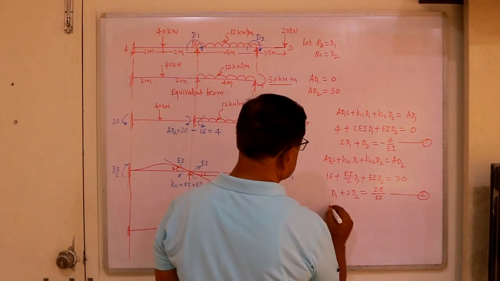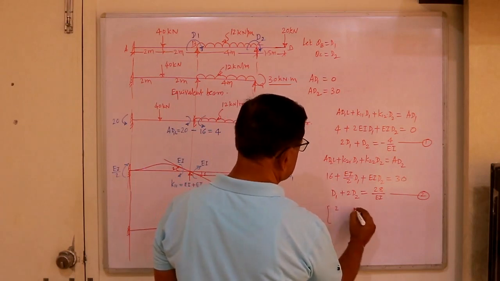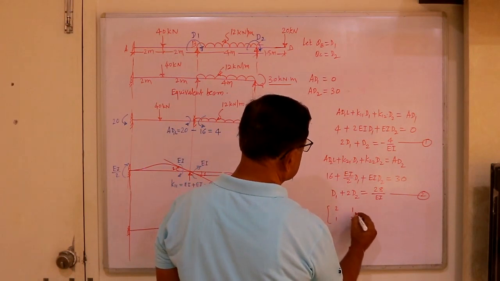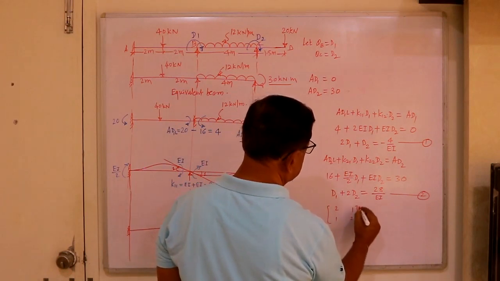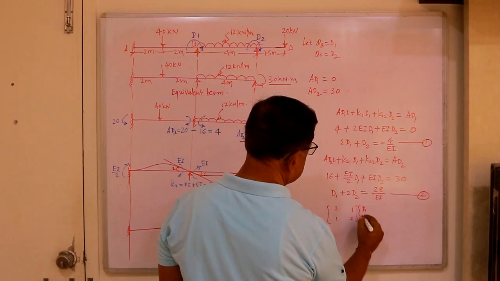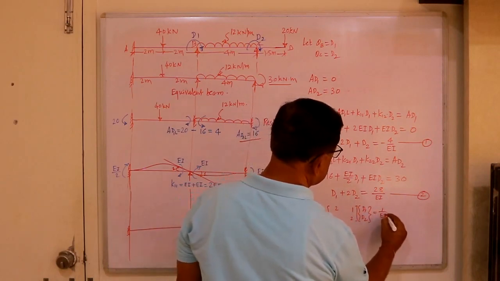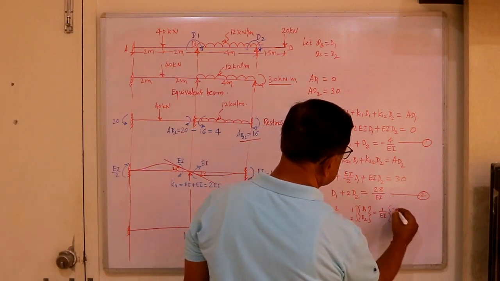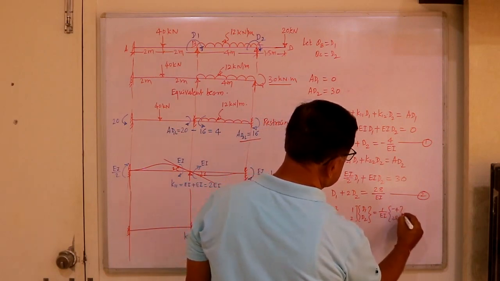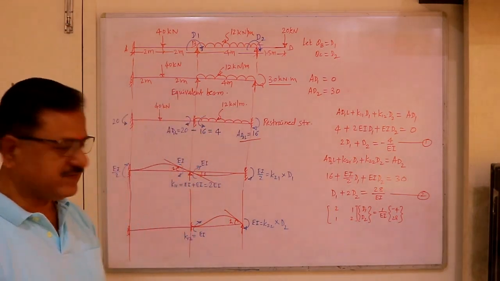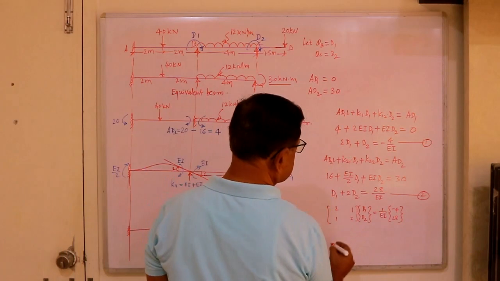Now solving 1 and 2, it's a simple one. 2, 1, this is 1, 2, times D1, D2 equal to 1 upon EI times minus 4, 28. So the matrix equation is now developed. Now let's solve this.